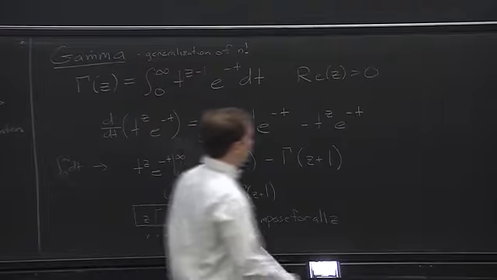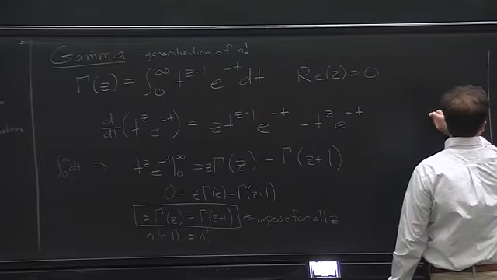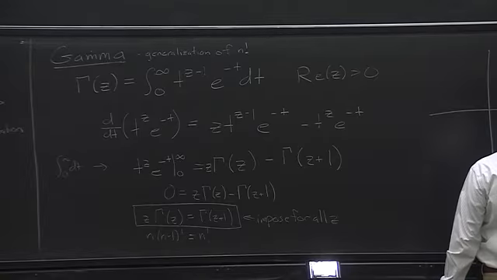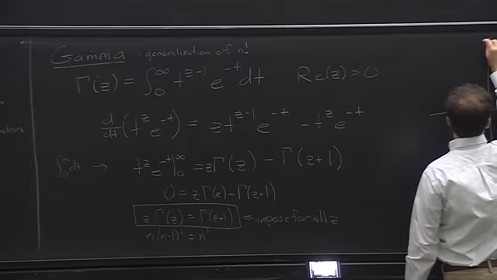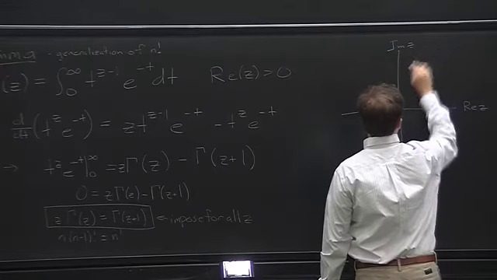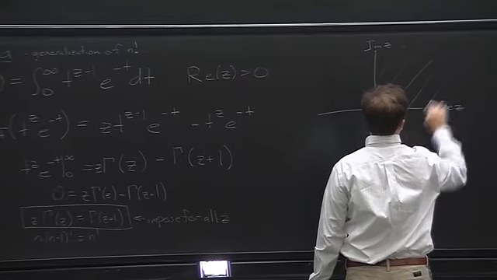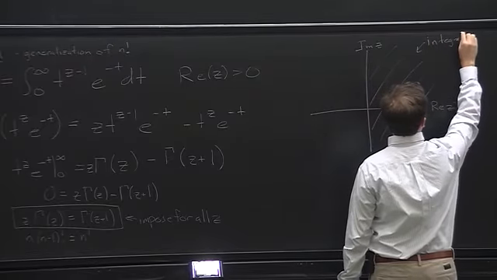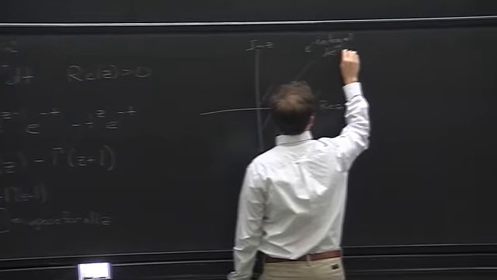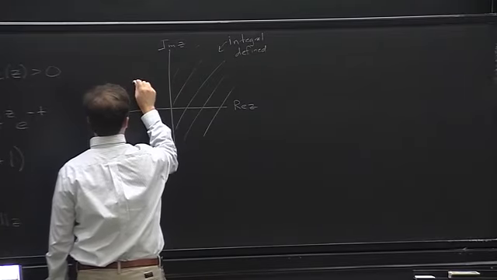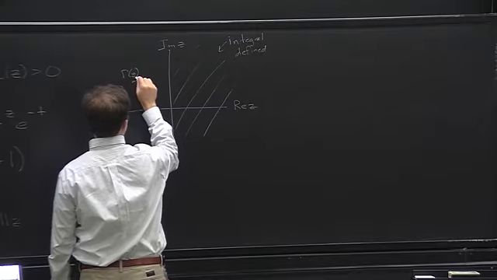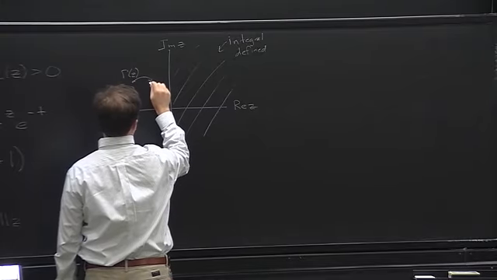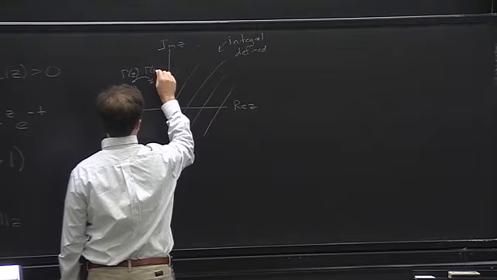Because we know, if here we've got the real part of z, and we have the imaginary part of z, the integral is defined over here. And if we're interested in some gamma of z over here, we can use the functional relation to relate it to gamma of z plus 1.